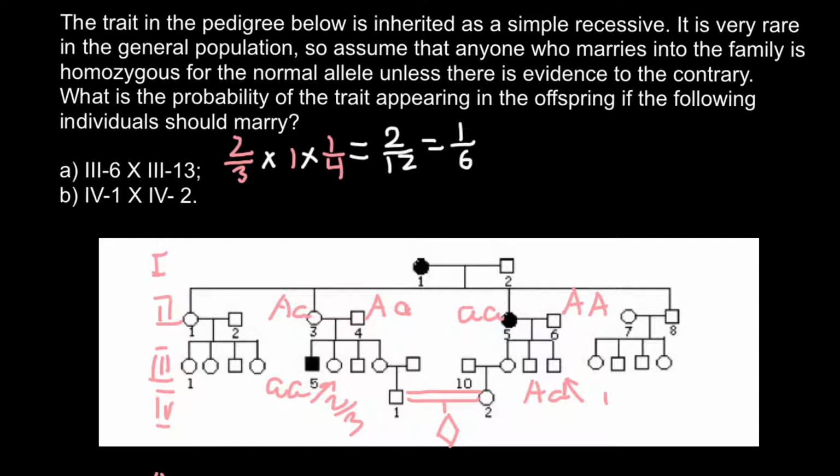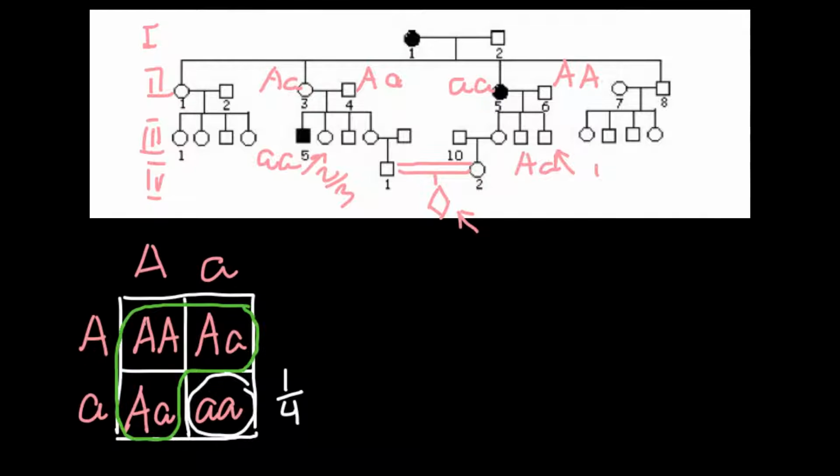Sex doesn't affect the probability to be affected or not. So what is the probability for this proband to be affected? What we know about the family of this parent is that here both parents are heterozygous, so the probability for this parent to be phenotypically normal but to be a carrier would be 2 out of 3.